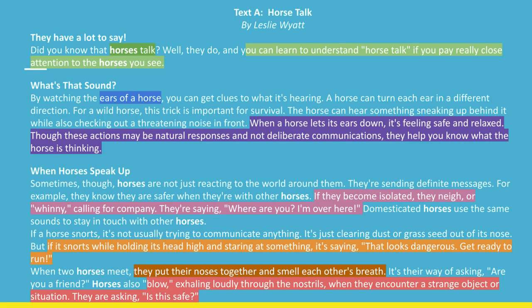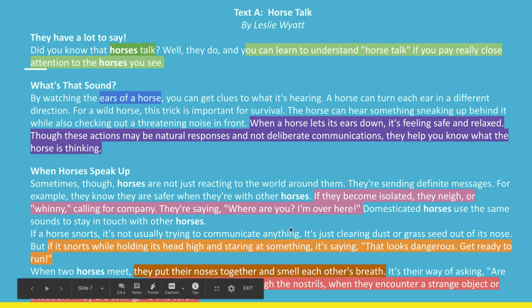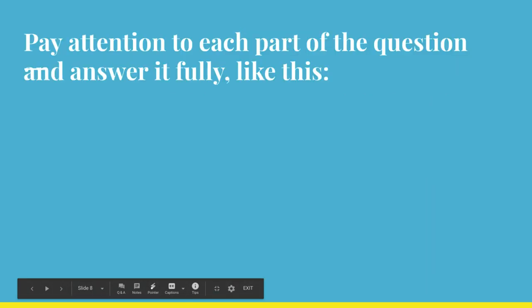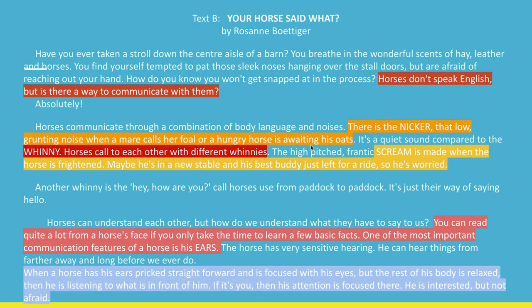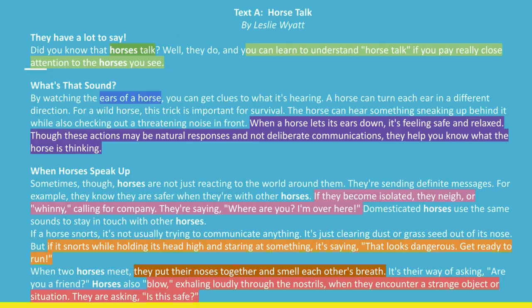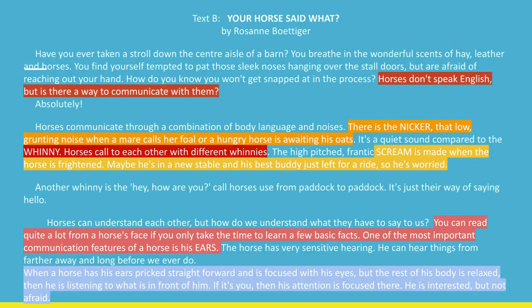Whereas in text A, they really only talk about the neigh or the whinny and what they do when they're saying that, and then how they communicate with those little snorts. So the nicker, the whinny, and the scream are talked about in text B, but not in text A. I'm going to remember that when I am answering my question.